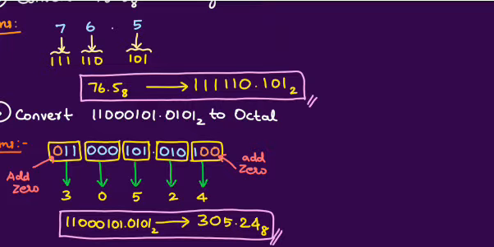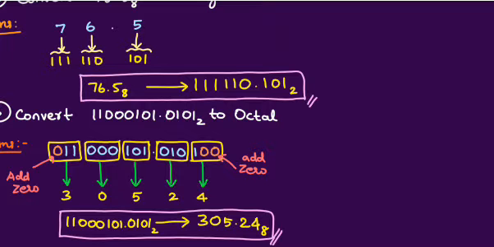So 101 is one group, and 000 is the next group, and 11 is remaining. One binary digit is missing, that's why I am adding a zero to make it a 3-digit group. Then coming to the fraction side, 010 is one group, and 1 is there in the next group, and 2 digits are missing, that's why I am adding zeros to make it a 3-digit group.